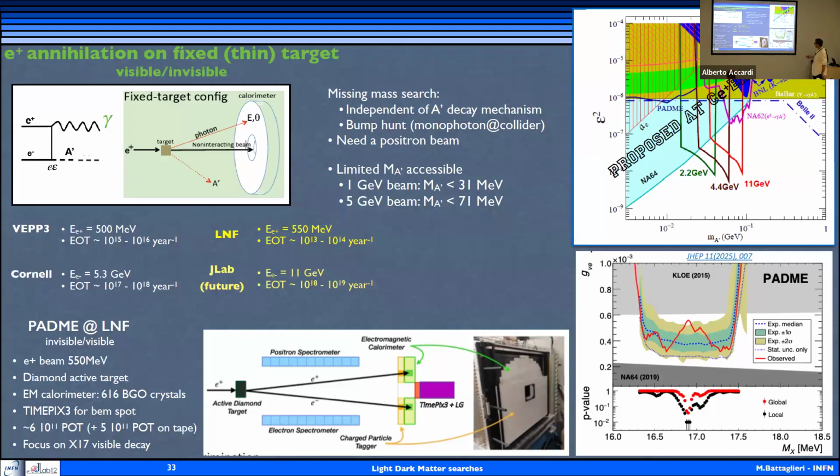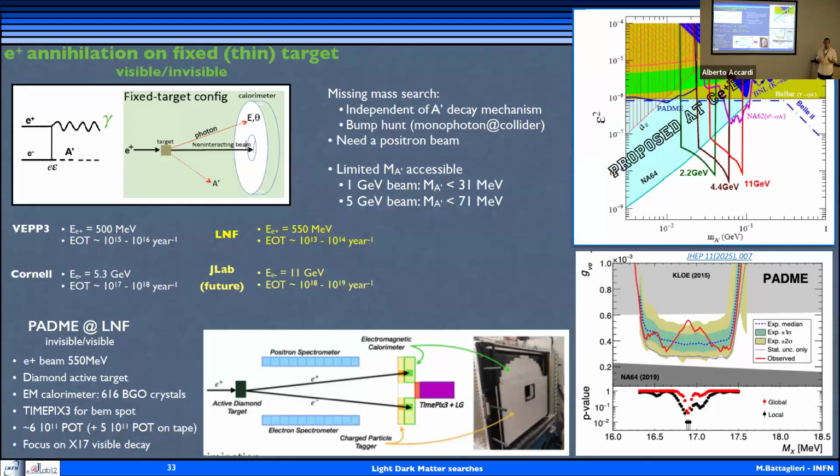This takes advantage of annihilation of e plus e minus in a fixed target experiment: e plus e minus to gamma, and the other gamma is replaced by something else. Either you see what this something else is decaying to, or you just measure the gamma and tag with it, since you know everything about the e plus e minus interacting. You know the gamma, and so you can infer the missing particle that you're producing.